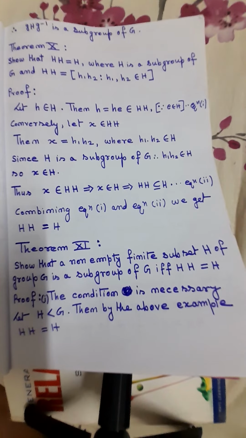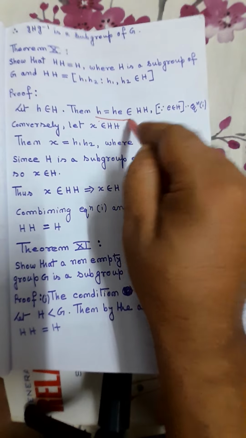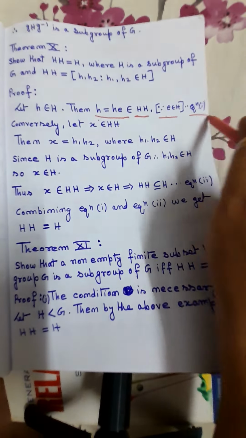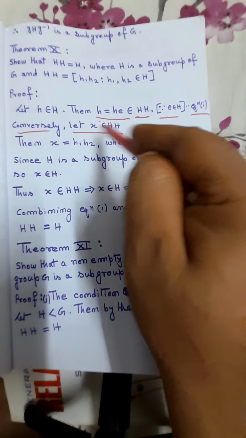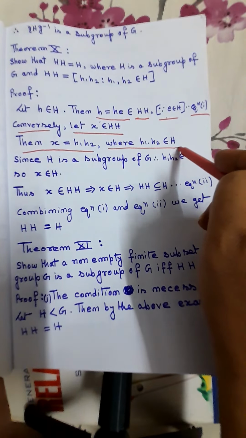of G, and HH equals to h1 h2 where h1 h2 belongs to H. Okay, so proof: let h belongs to H, then h equal to h1 belongs to HH, that is because e belongs to H, equation 1. Conversely, let x belongs to HH, then x equals h1 h2 where h1 h2 belongs to H, correct?